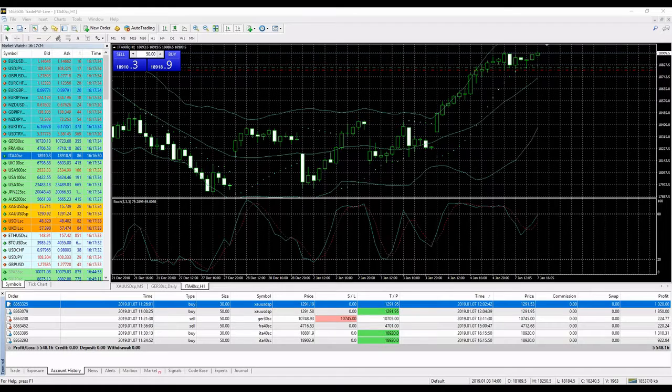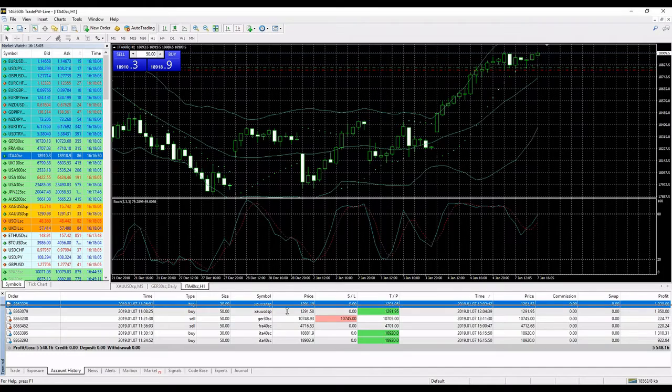We made a small amount of money over there, and just now, like 2 minutes ago, we closed our Italy 40 positions and we made on the one position $1,310 and on the other one $922, and we increased our profit so far to $5,548.